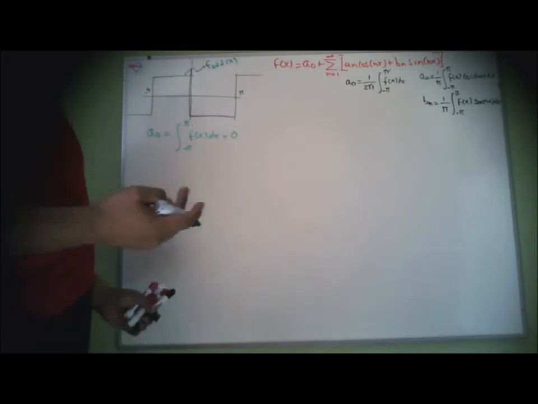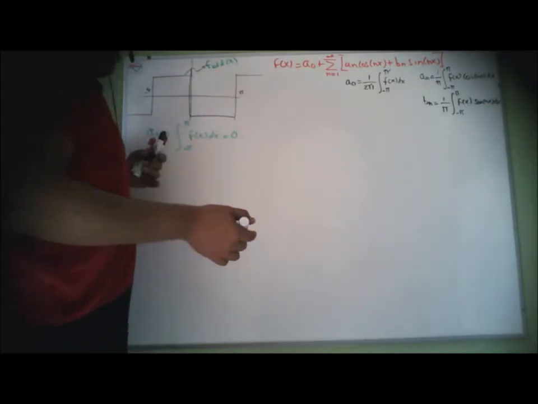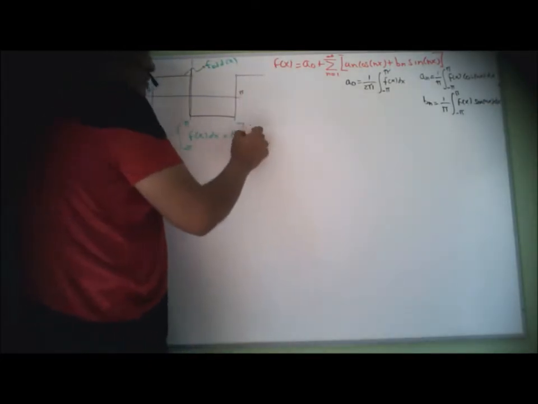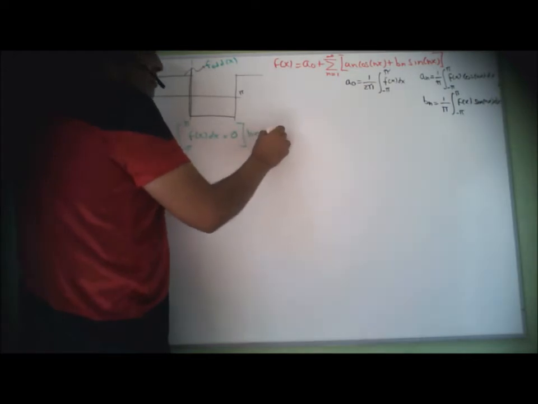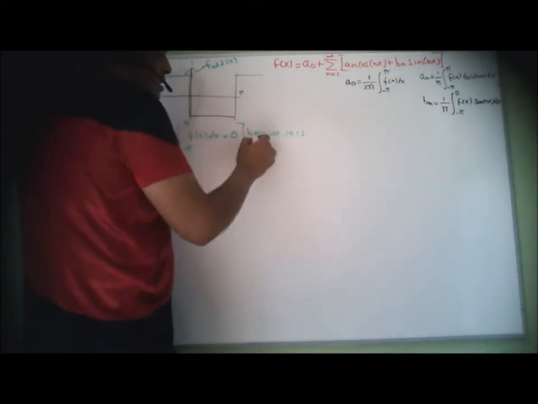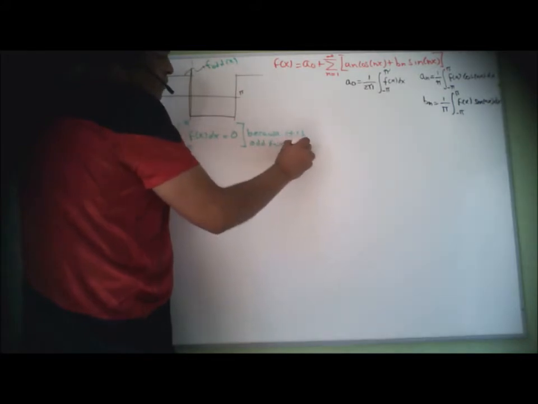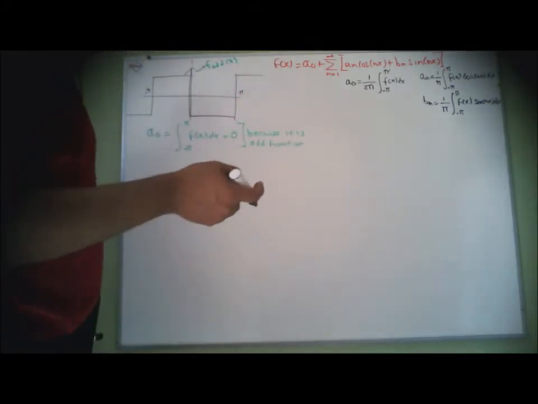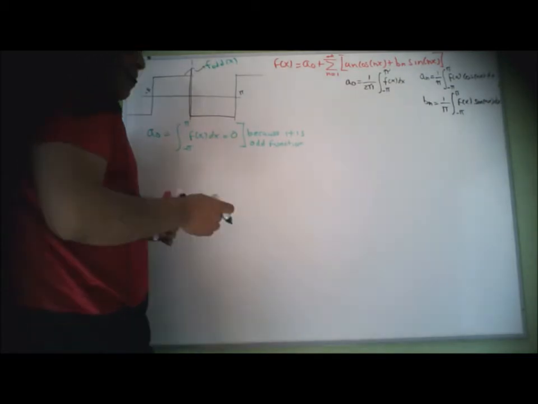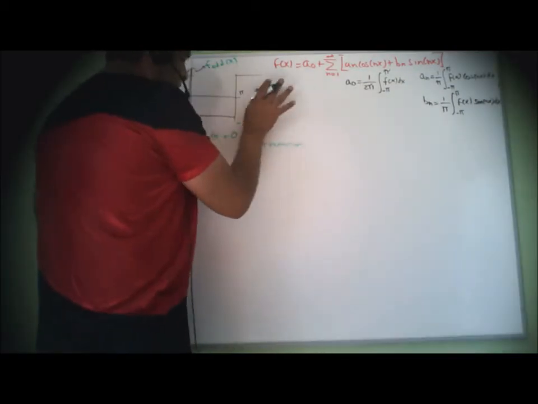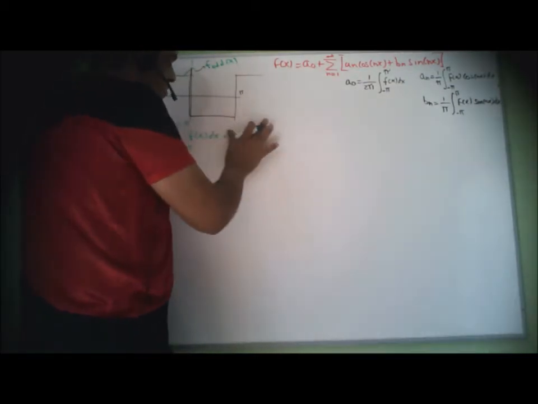Alright? So you don't have to calculate things. All you have to write here is because it is an odd function. Alright, and that's it. Equal to 0.